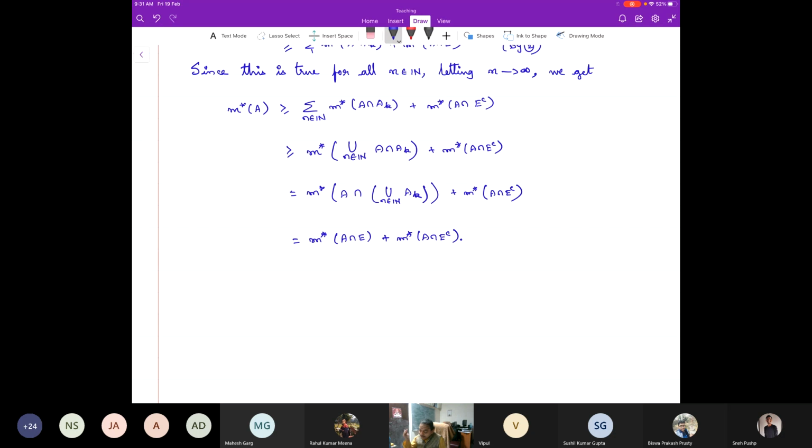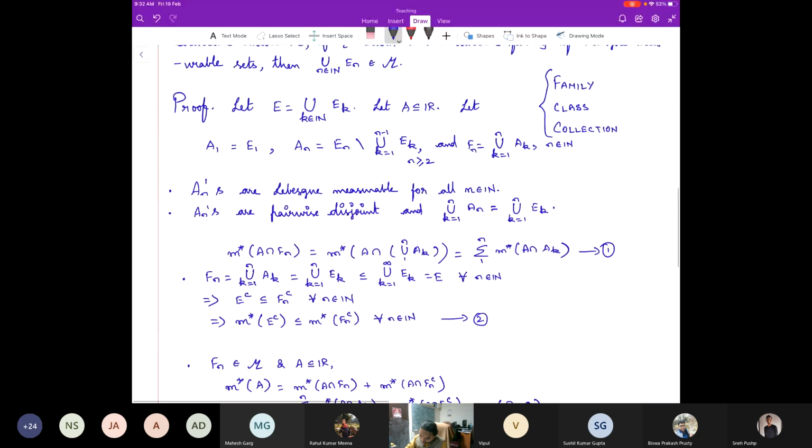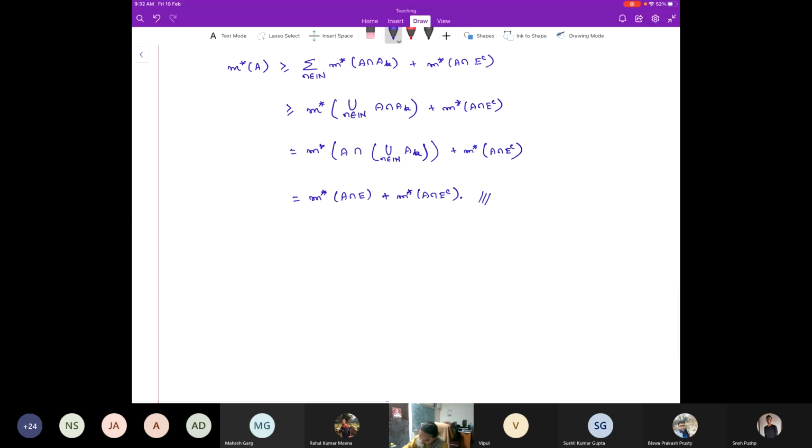And that's exactly what we wanted. We are done. M star of A is bigger than or equal to M star of A intersection E plus M star of A intersection E complement, where E is the union. So that's what we have chosen initially, and we are done with what we want.